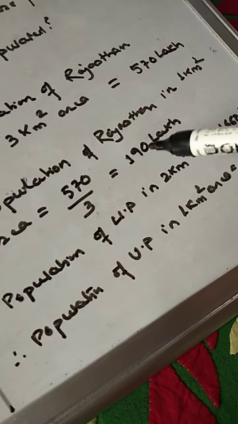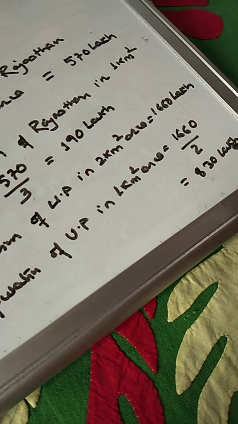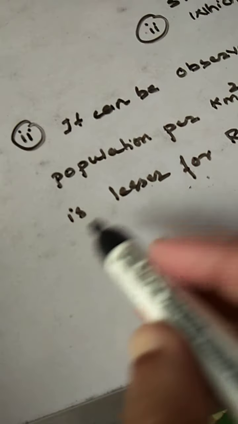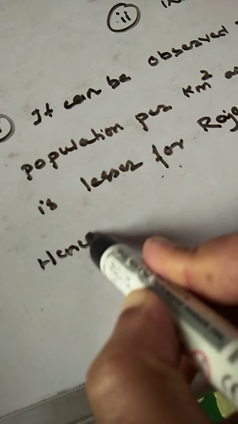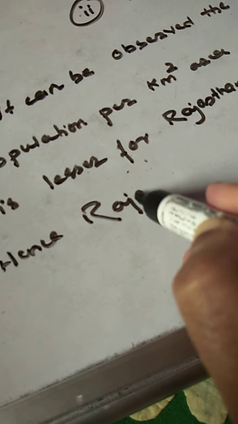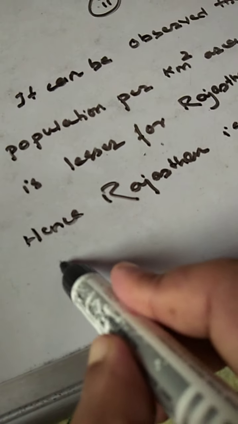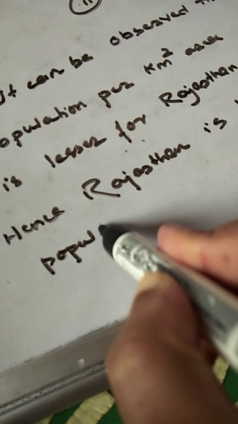Which state is lesser? 190 lakh for Rajasthan and 830 lakh for UP. So Rajasthan is lesser. So it's lesser for Rajasthan, isn't it? So you will write hence Rajasthan is less populated. That's it. This is the solution of sum number 3.